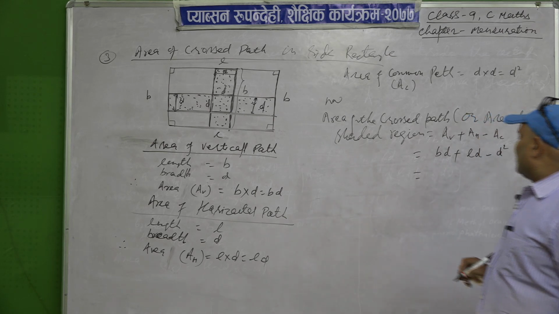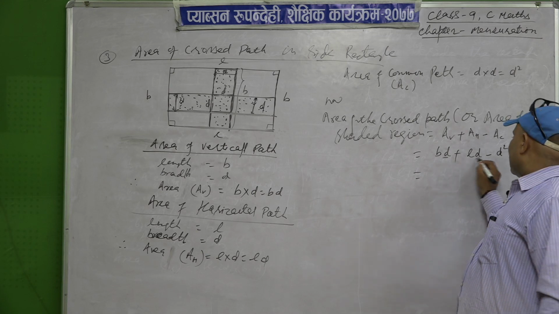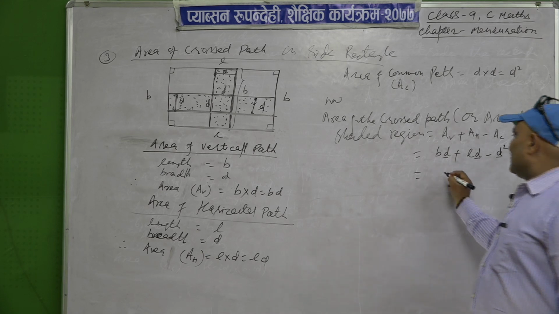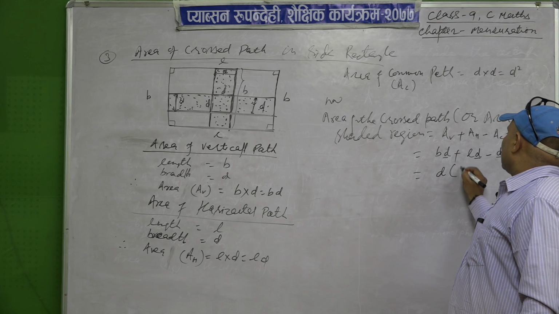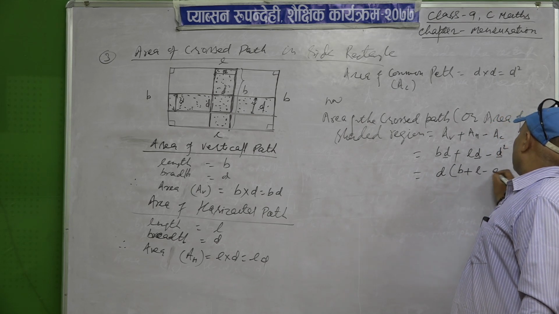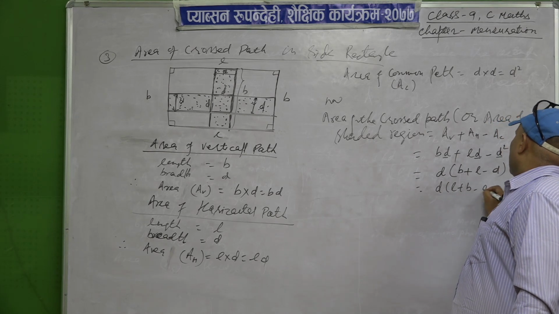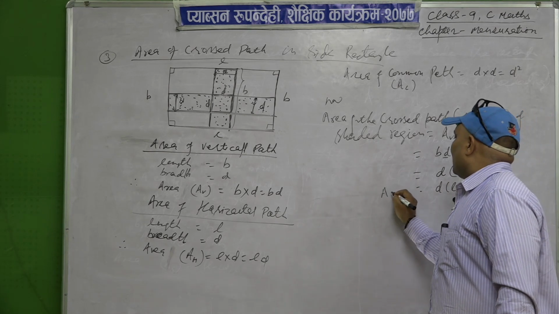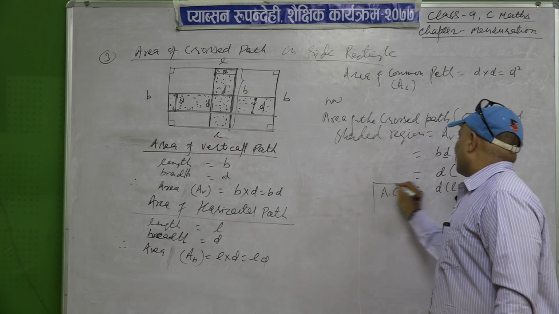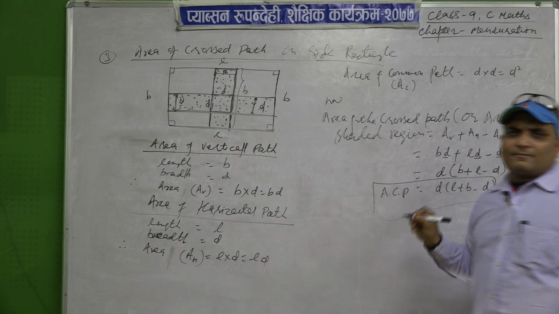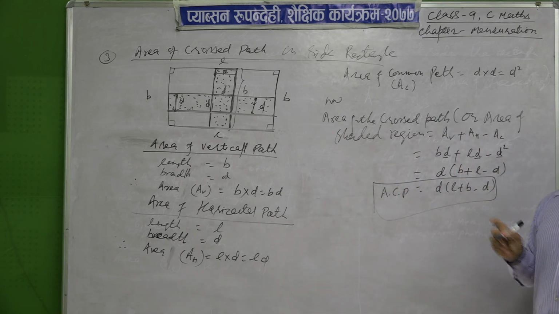Now take out the common D. What remains? B plus L minus D, so we can write D into L plus B minus D. This will be the area formula of cross path.